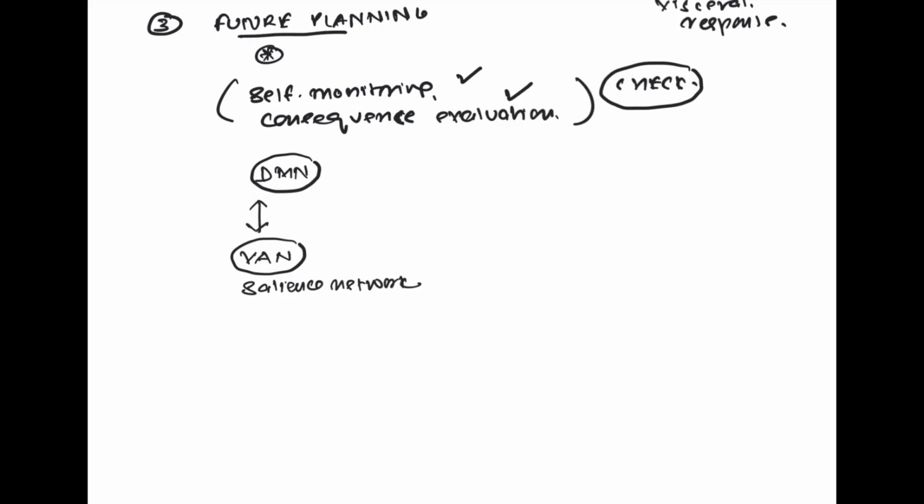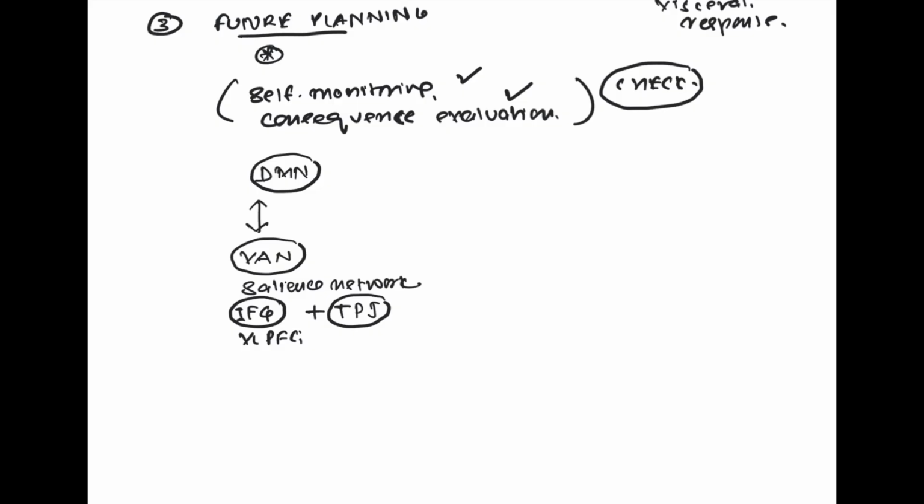And we talked about the ventral attention network. It involves the inferior frontal gyrus, which is also a part of your ventrolateral prefrontal cortex, the ventral and the lateral part of the prefrontal cortex, as well as the temporoparietal junction. So this is your ventral attention network.